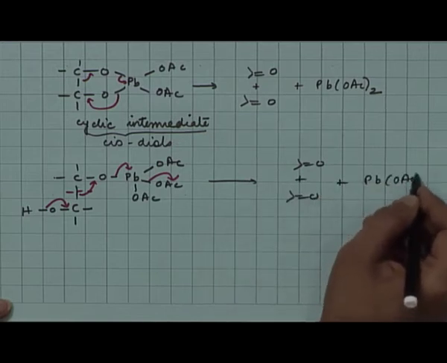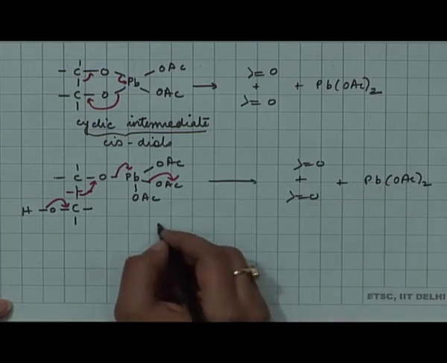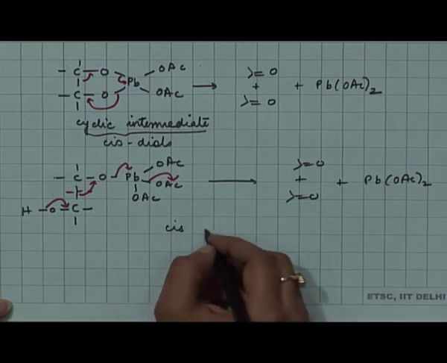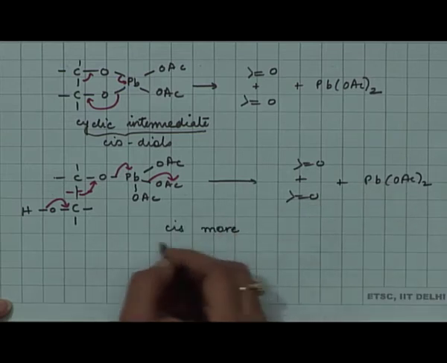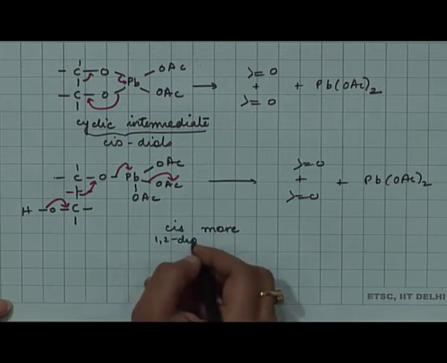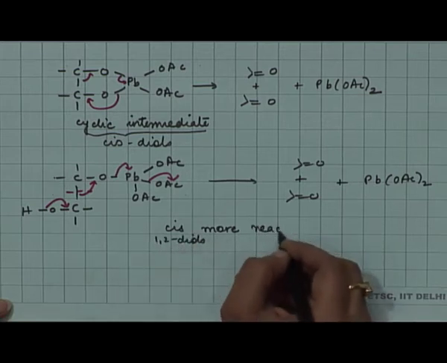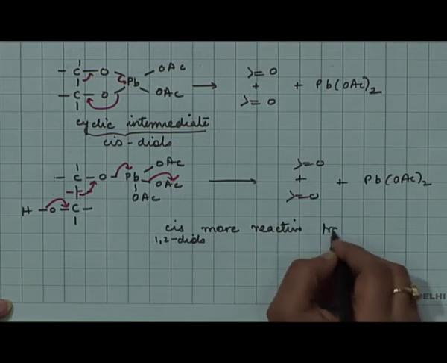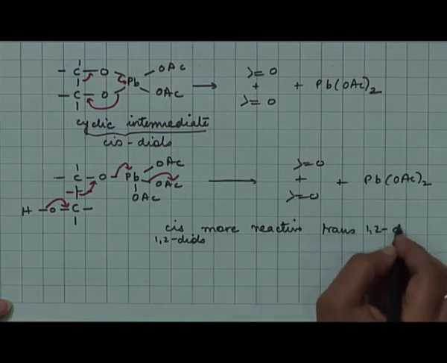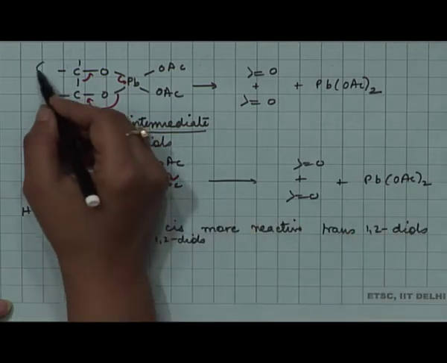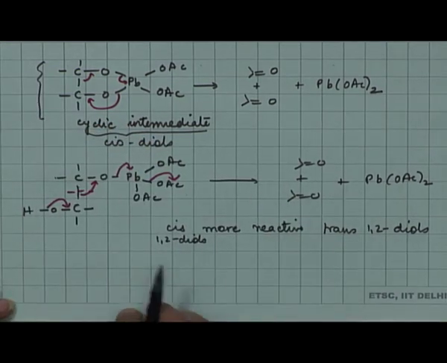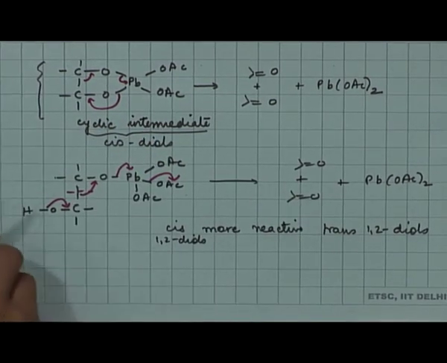However, the yield or the rate of the reaction for trans is less than that of cis. Cis 1,2 diols are more reactive than the trans 1,2 diols because of the formation of this cyclic intermediate, which makes the reaction more facile.